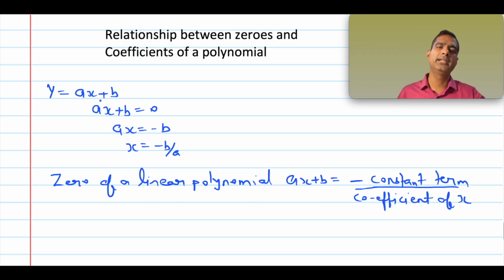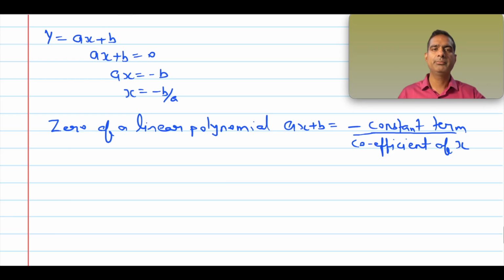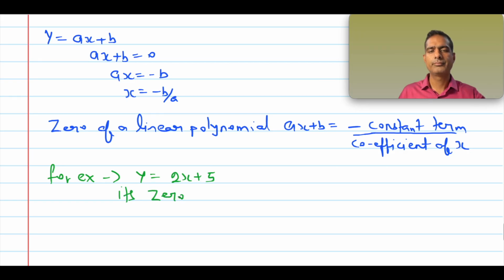So the zero of a linear polynomial is given by negative times the constant term divided by the coefficient of x. For example, if we have y is equal to, suppose, 2x plus 5, we can write its zero is negative times the constant, that is 5, divided by the coefficient of x, that is 2. So this is the relationship between the coefficients and the zero of a linear polynomial.